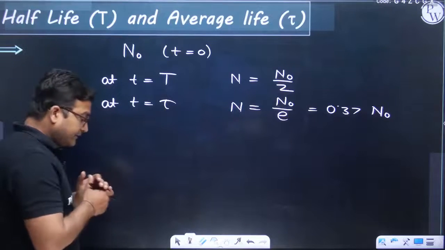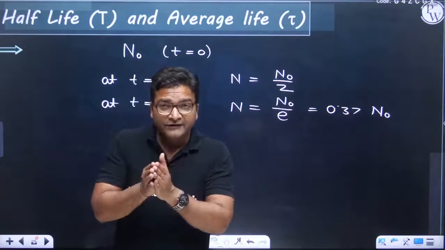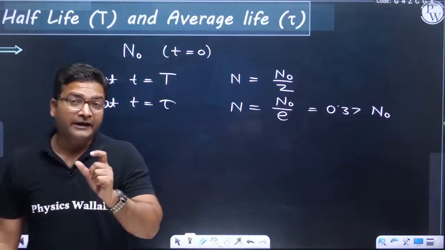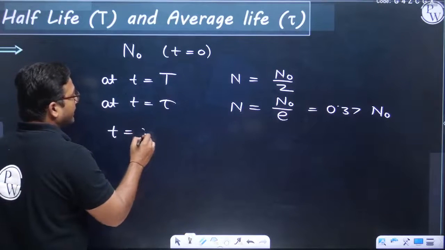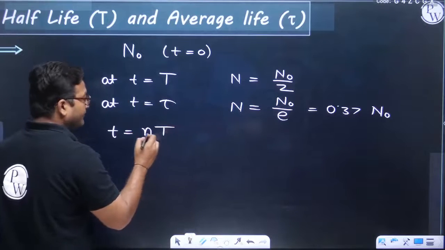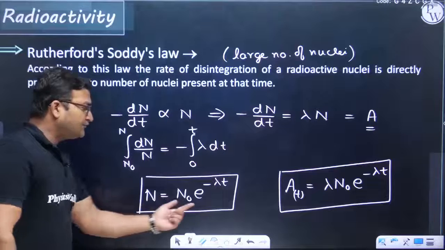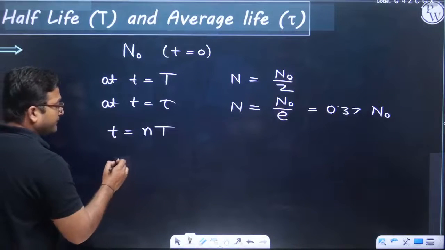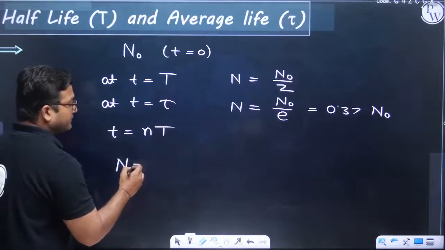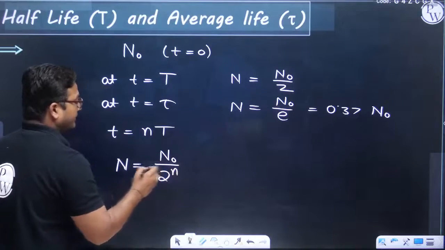Suppose in a certain time interval there are n half-lives. So I can represent that time t equals n times the half-life, and if I replace t by nT in this formula, you get another formula for N, the undecayed element, as N naught divided by 2 to the power n.